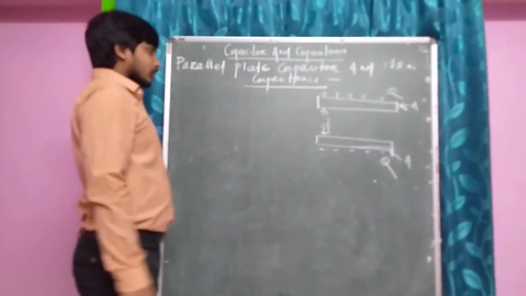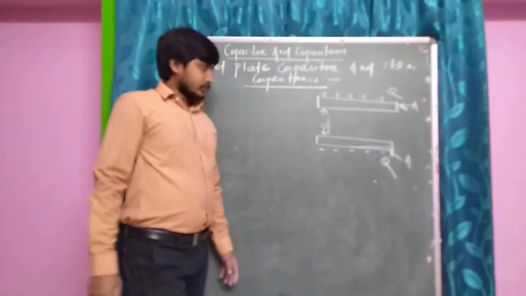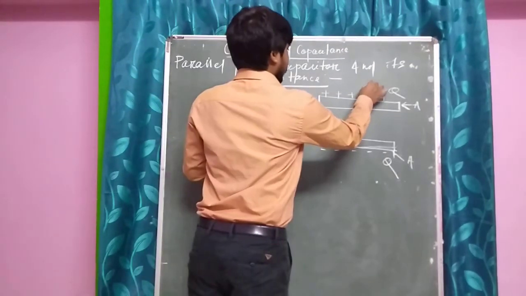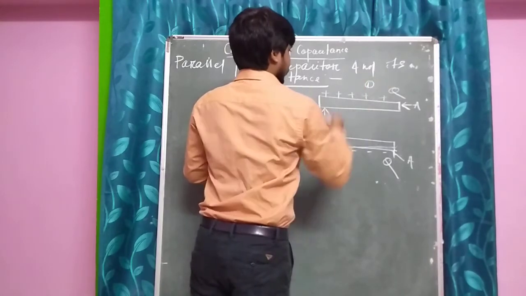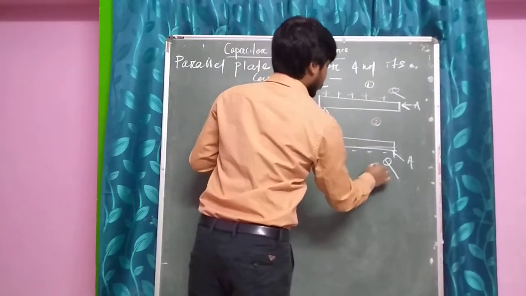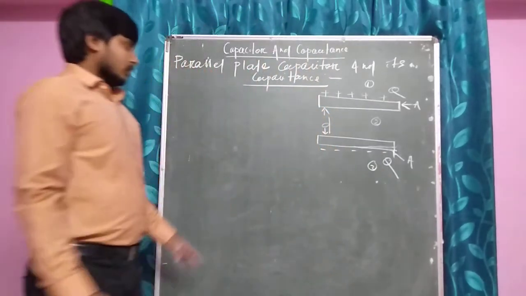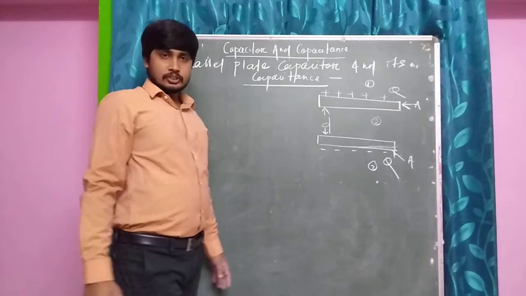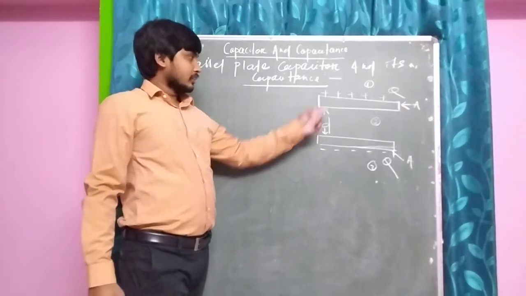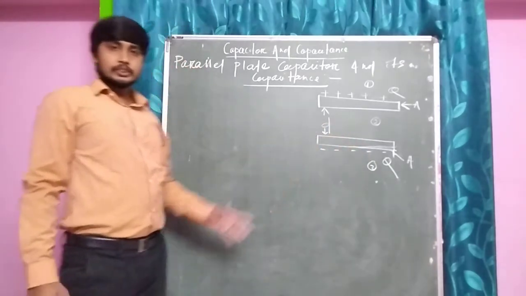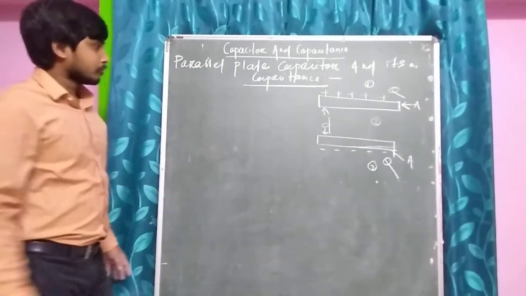Okay. So now if I ask you, what will be the electric field in region 1, region 2 and region 3? By using Gauss law, we can easily find that in region 1 and in region 3, the electric field is 0. Already we have derived this.